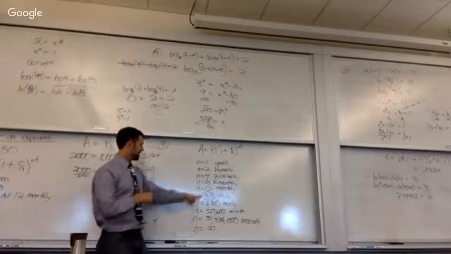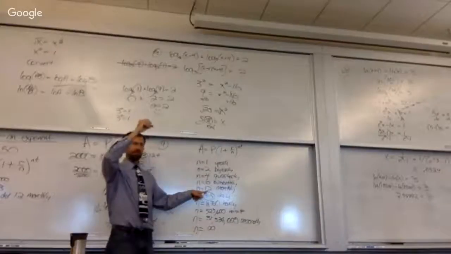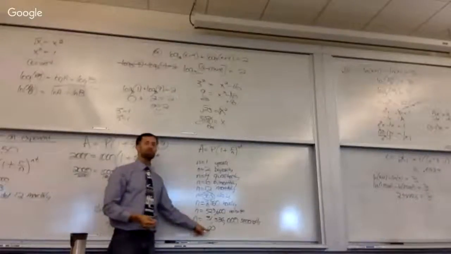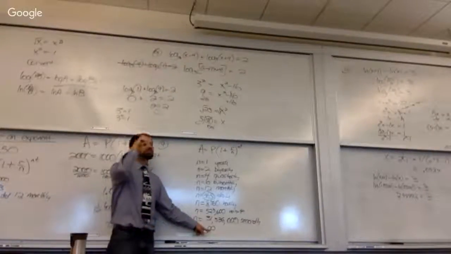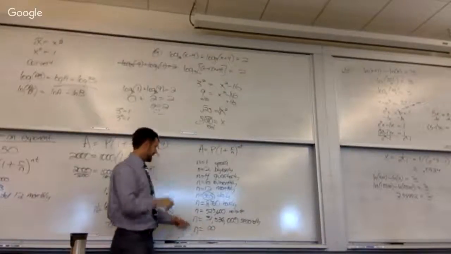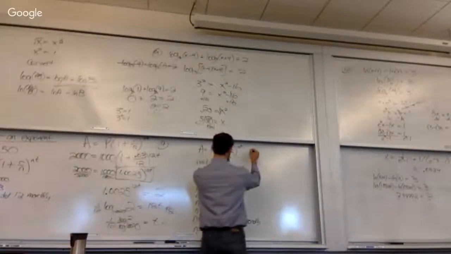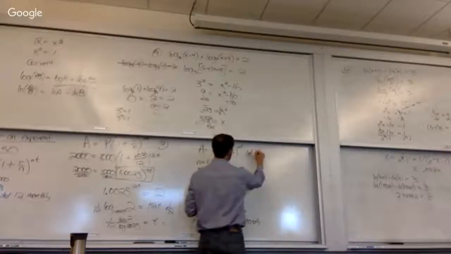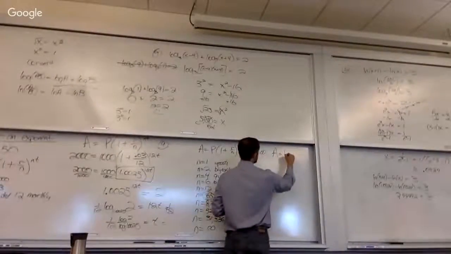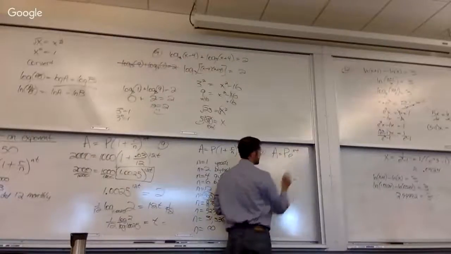So instead of a drip of water every hour, I just want a constant stream of water. That's what n equals infinity would mean: they're adding interest at a constant rate like a fluid. And when you let n equal infinity, you get a new formula, which is A equals P e to the RT.